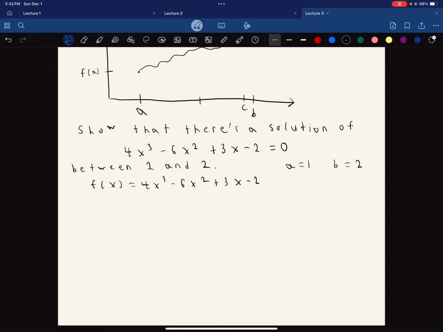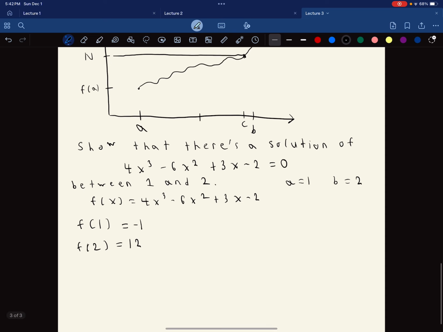Now what you want to do is plug a and b into the function. If you plug in 1, you get, sorry, negative 1. And then if you plug in 2, you get 12.